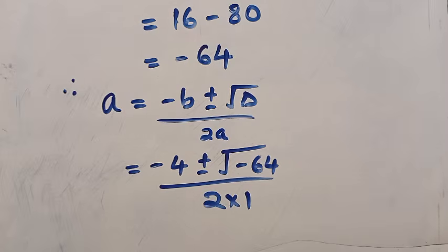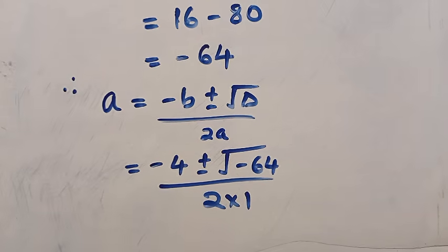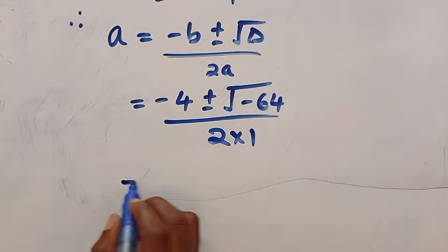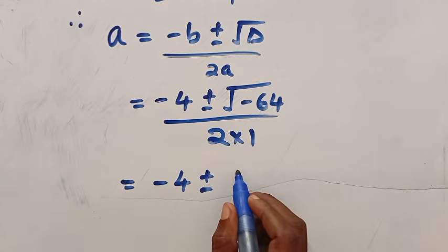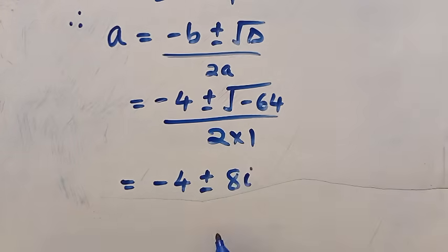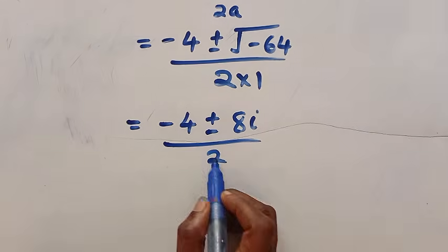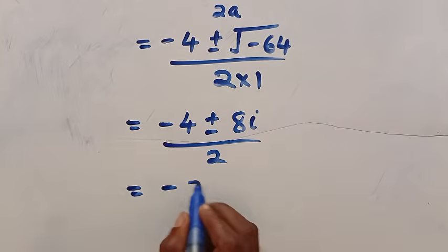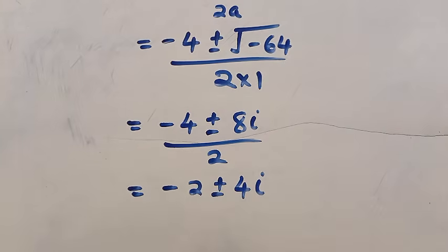That is the value of A. And note that anytime we have the square root of a negative, it gives us i. We are expecting to get a complex root. And here we have minus 4 plus or minus the square root of 64, that gives us 8i divided by 2. So 2 will go into 4 and 8 at the same time. Then we have this as minus 2 plus or minus 4i.